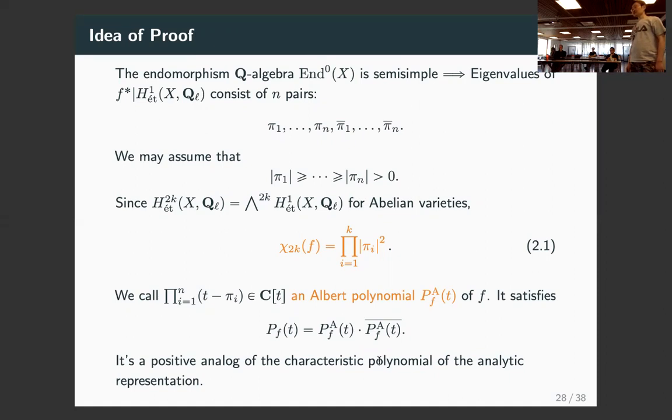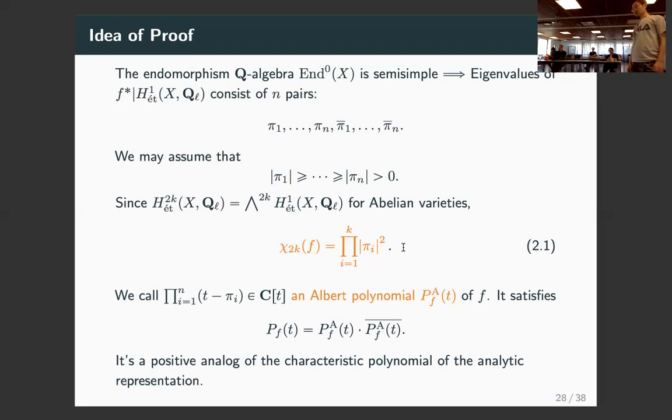We may assume that they are sorted in this order, and since the 2k-th cohomology group for an Abelian variety is nothing but the 2k-th wedge product of H^1, then chi_2k of f, the 2k-th cohomological dynamical degree, is nothing but the product of those pi_i, because they have been sorted in the correct way.